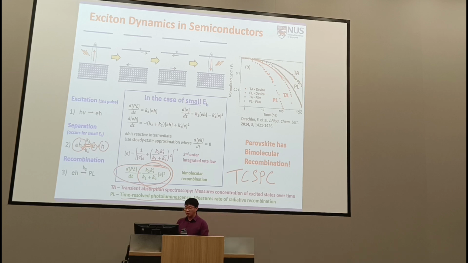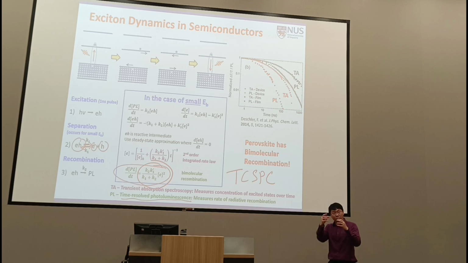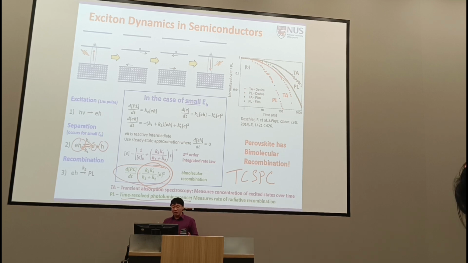So that means I can actually measure what's the concentration of electrons and holes in my semiconductor over time. This happens very quickly. Again, we are talking about nanoseconds. We can track the presence of these species, electrons and holes, within the semiconductor over time by measuring their absorption. That's what we call transient absorption spectroscopy.